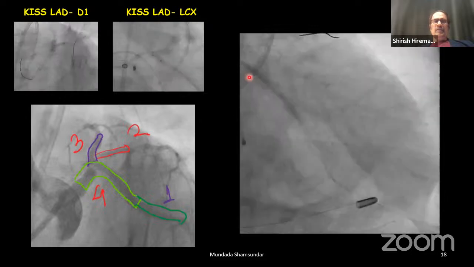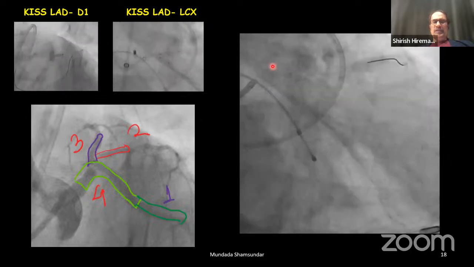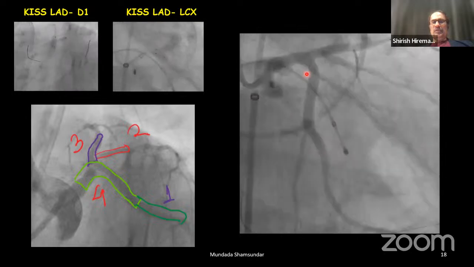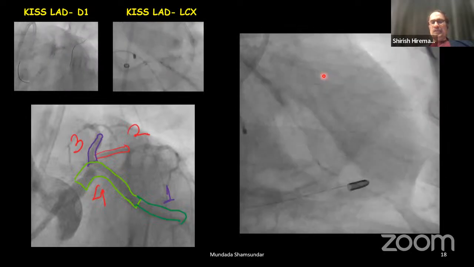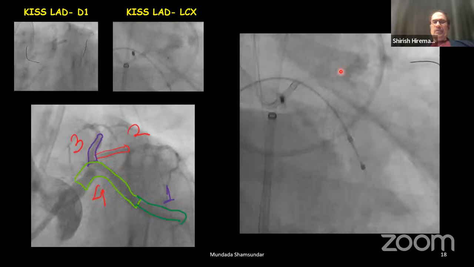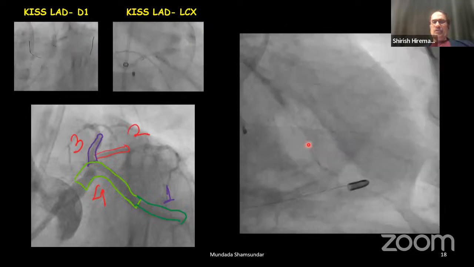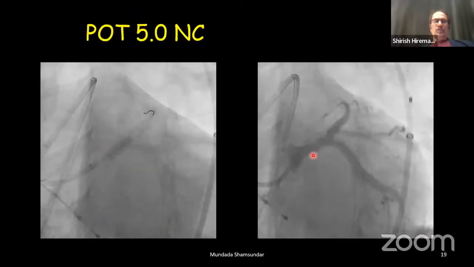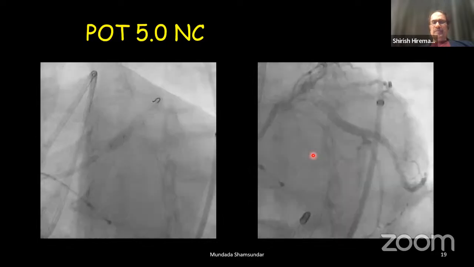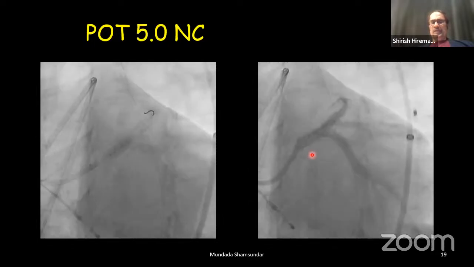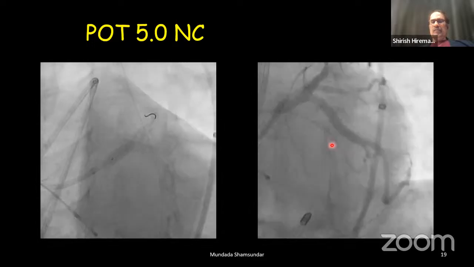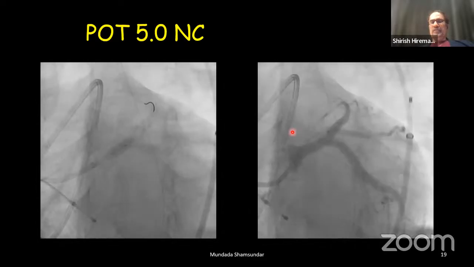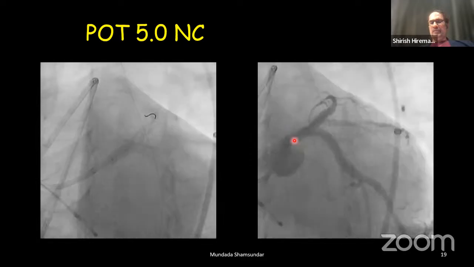And the flows thus look quite good in this contrast picture. See flows in the diagonal, good flows towards the LAD, and good flows in the circumflex, which is quite a big vessel. So this is the final part and final pictures, and you can see long stent lengths. This is 38 from left main to circumflex, and already a 3.5 by 30 length stent deployed here.